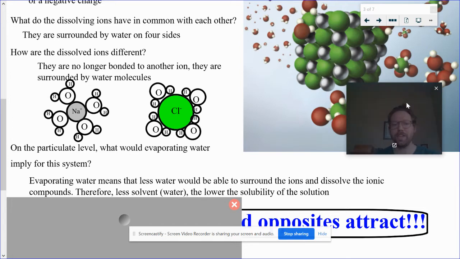And so potentially you could have less salt being dissolved, or if the salt was dissolved and now you're evaporating water, the salt could go back to becoming a crystal again. And you might have seen this if you ever have a glass of water that has some sugar in it and it dissolves, you let it sit outside and it dries out, it evaporates the water. You can see the sugar crystals that have recrystallized again.